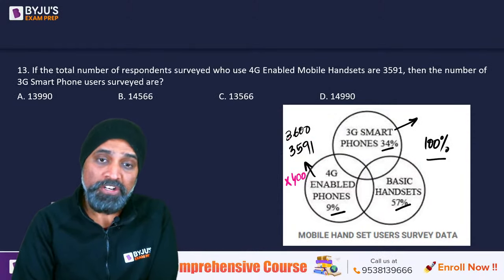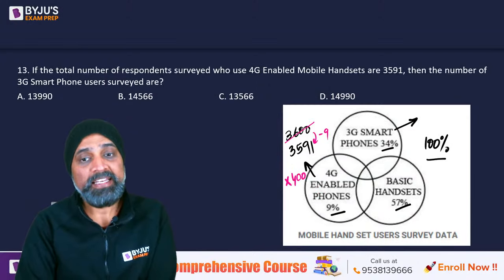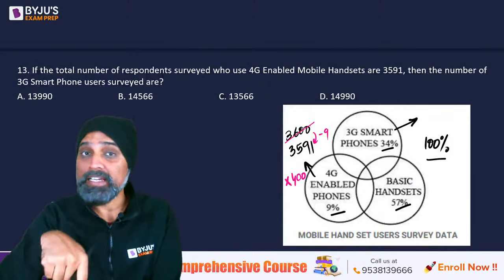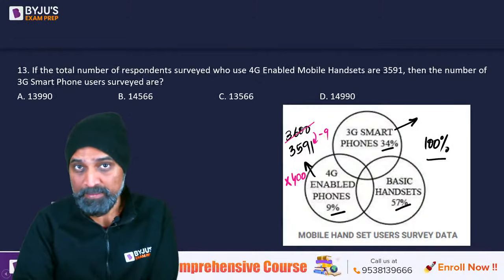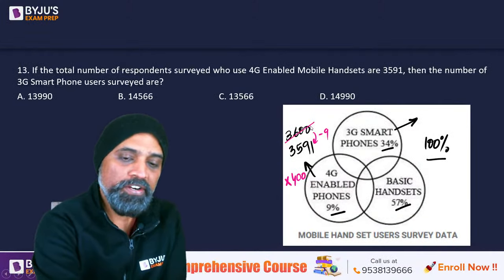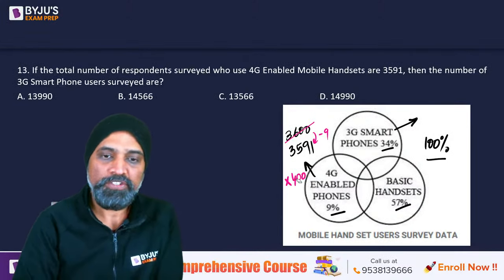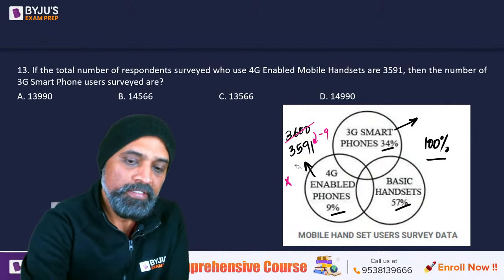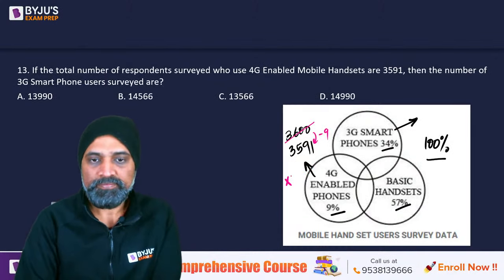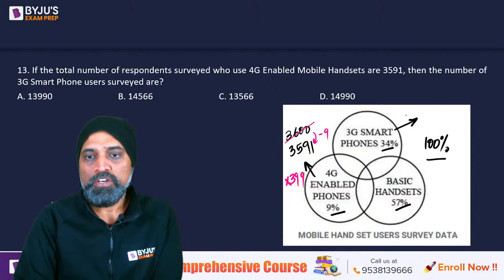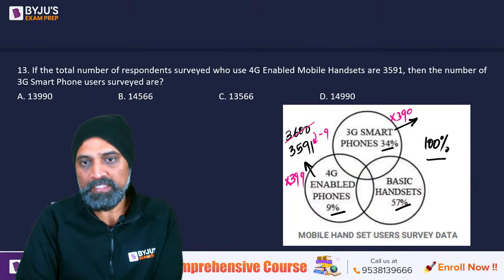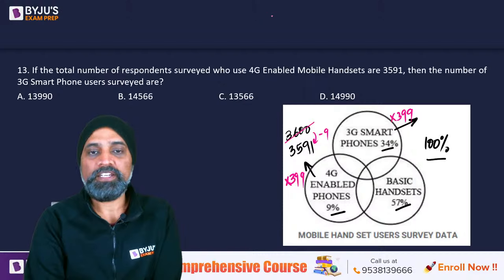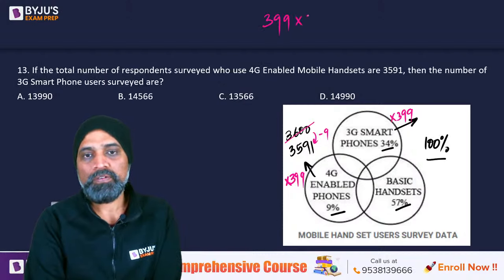But this is actually not 3600, but this is 9 less. 9 less मतलब 9 के table में एक कम. 1 less than in the table of 9. So instead of 400, obviously we should have 399. Right? So the multiplier is 399. So we need to do 399 into 34. Right?